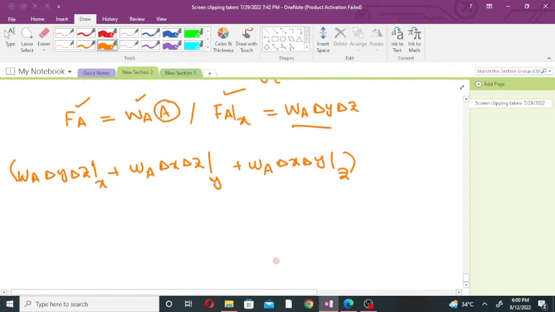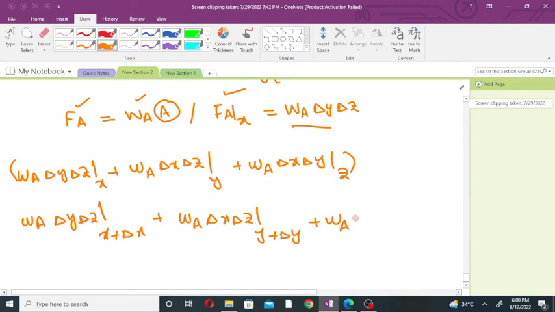Now the leaving terms: W_A y z at point x plus delta x, W_A x z at point y plus delta y, and W_A x y at point z plus delta z.